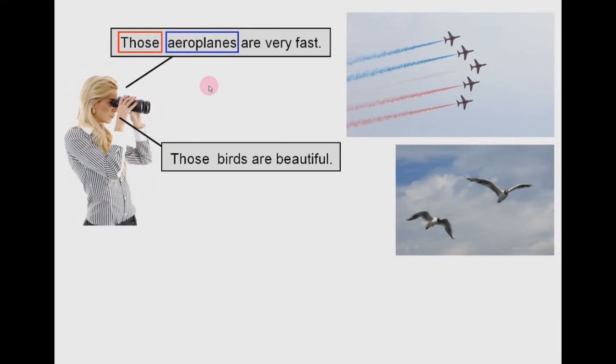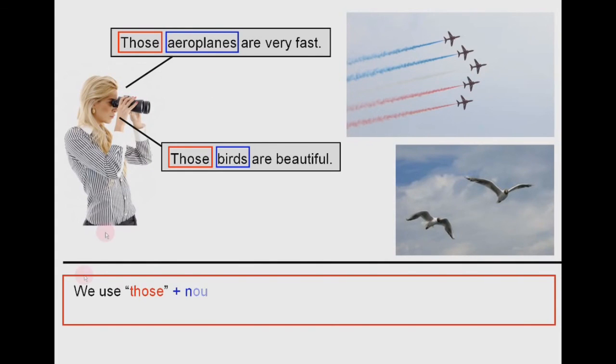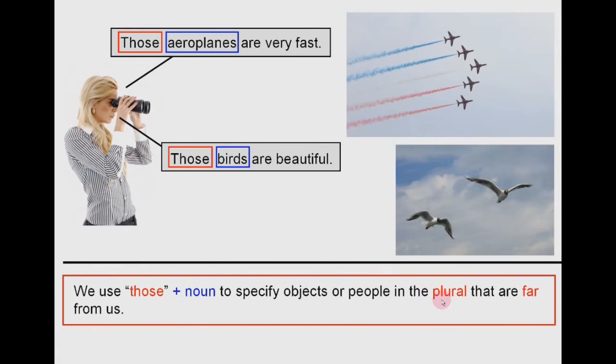Those aeroplanes, those birds. So we use those with a noun to specify objects or people in the plural that are far from us.